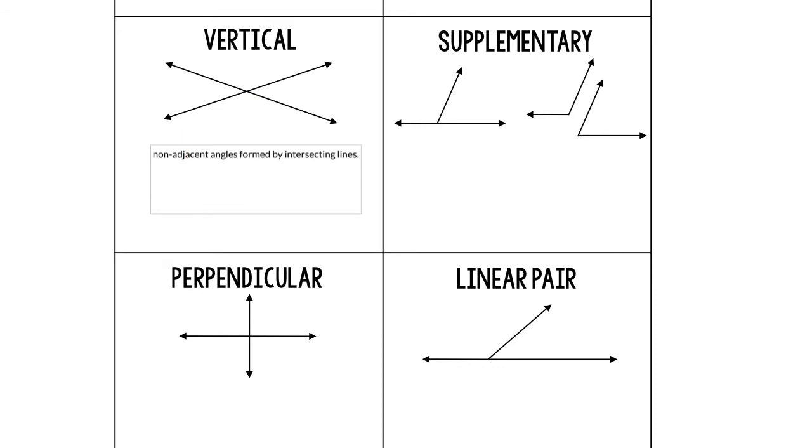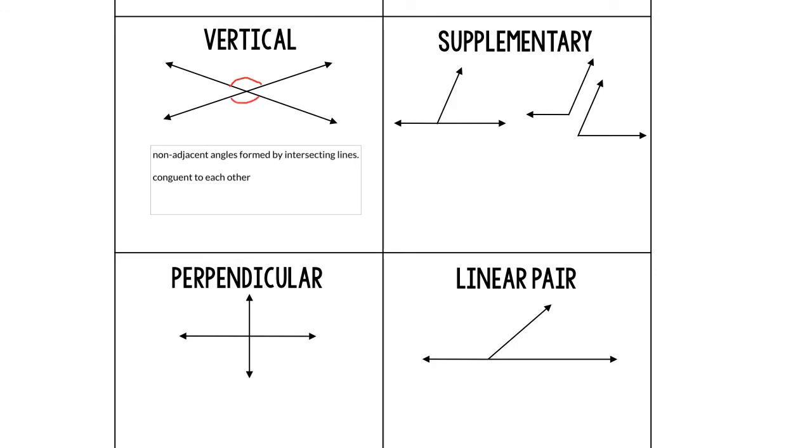All right, next little tidbit we need to know. Vertical angles are congruent to each other. That means they have the same angle measure. Okay? So if we're going to show this visually, that means that this angle is a vertical angle to this one.